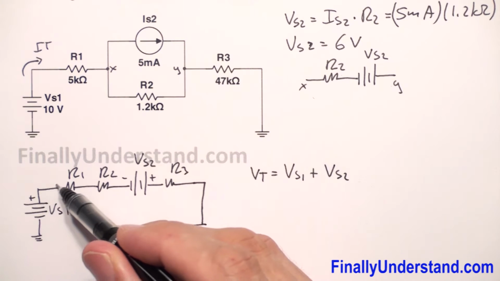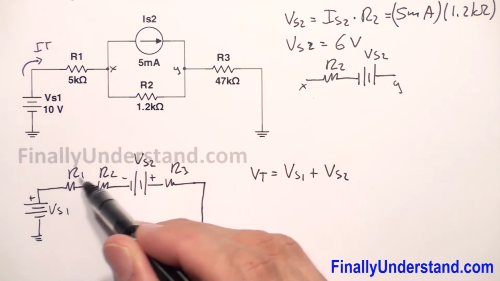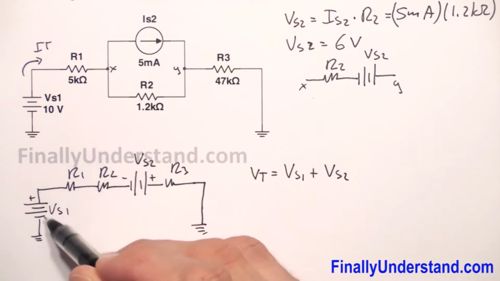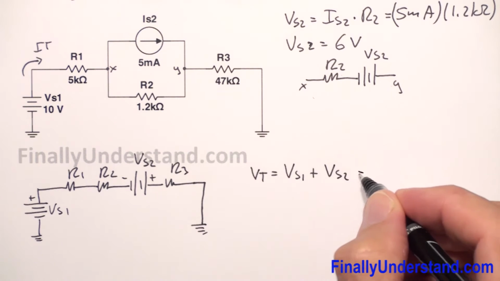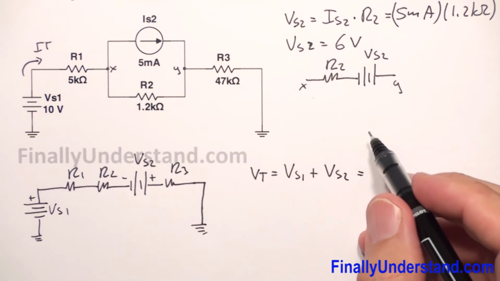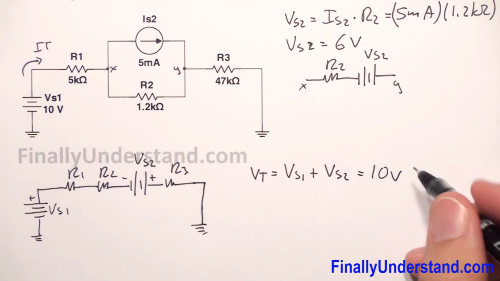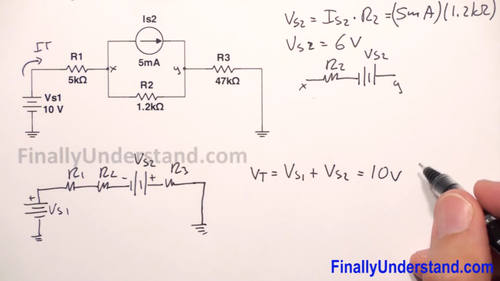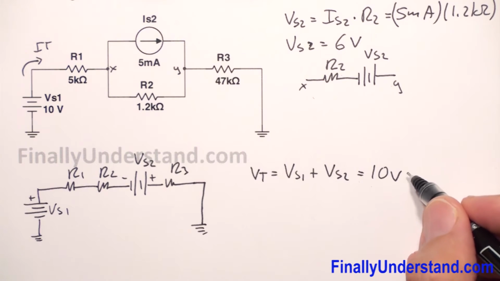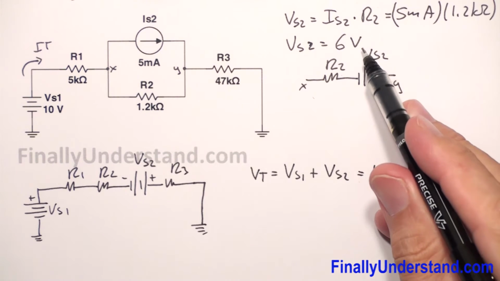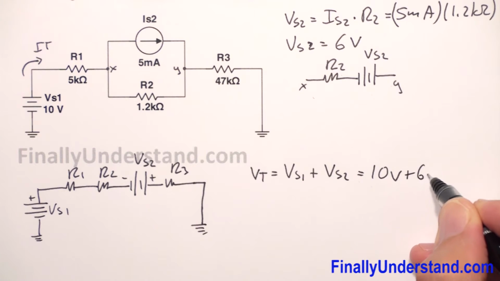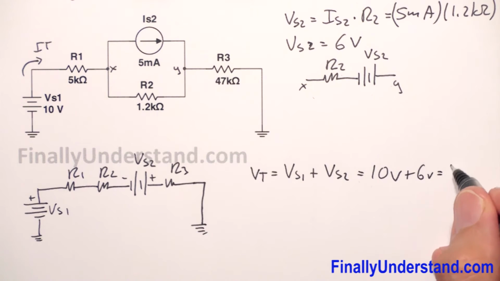When positive is connected to negative, we have to add these two voltages together. So voltage source 1 is equal to 10 volts and voltage source 2 we found is equal to 6 volts, plus 6 volts, this is equal to 16 volts.